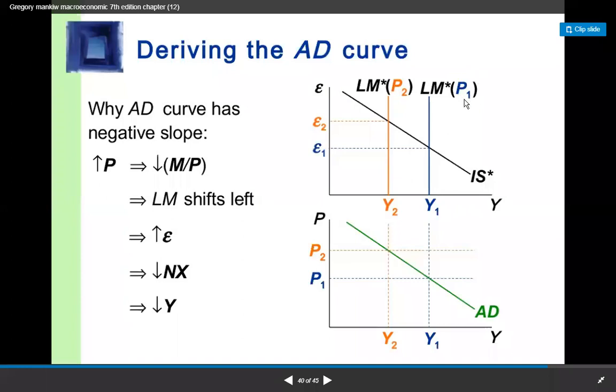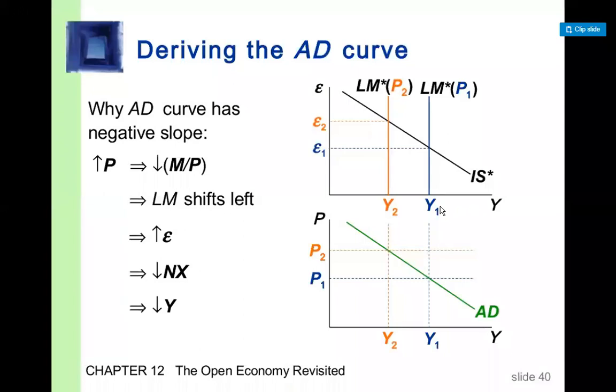Now our initial equilibrium is over here. At this equilibrium, E1, we find the equilibrium income level, the equilibrium level of output.